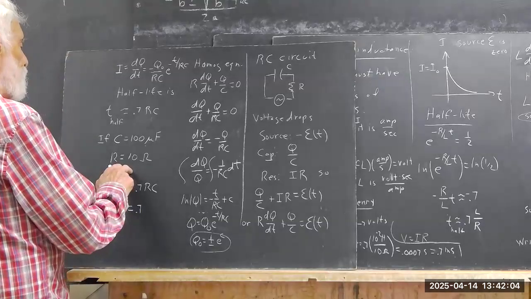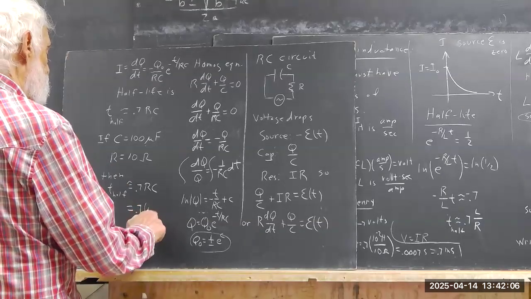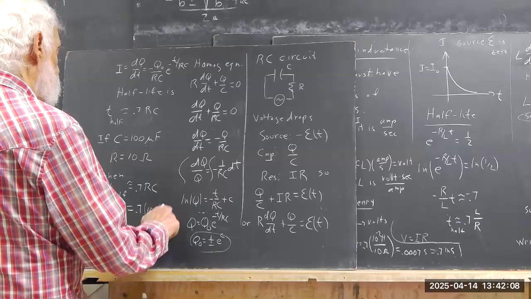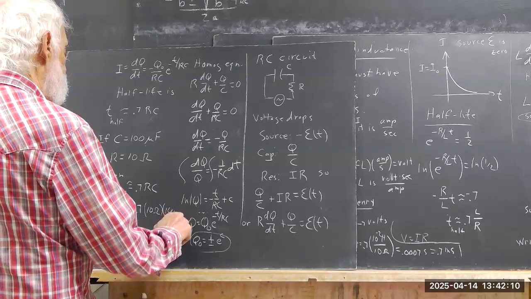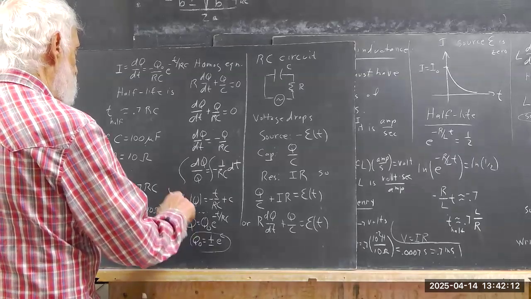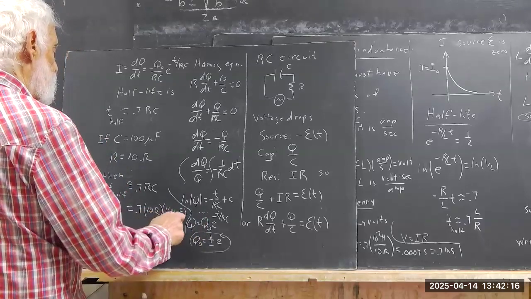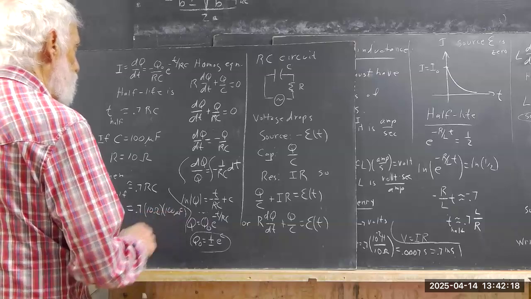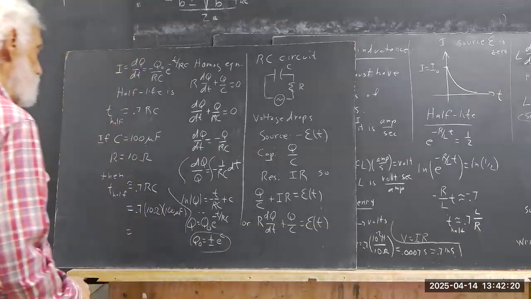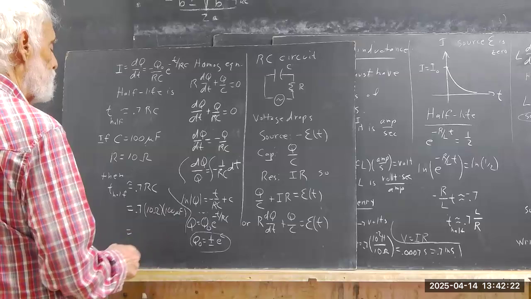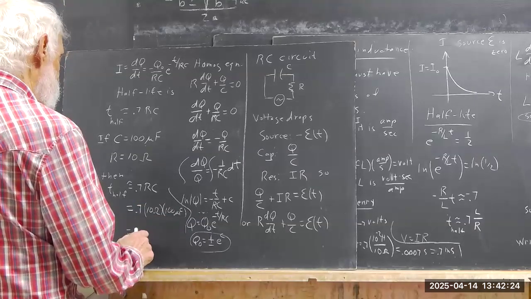In this case, you got 10 times 100, which is 1,000, but it's microfarads, which is millionths.